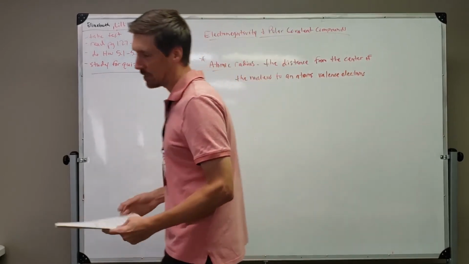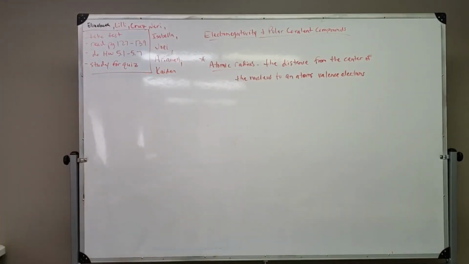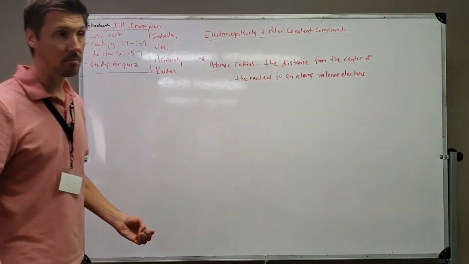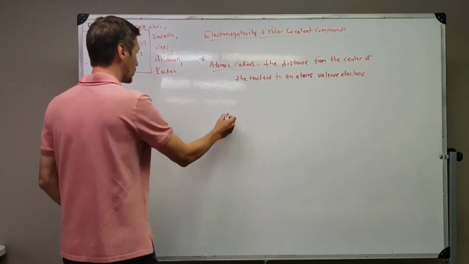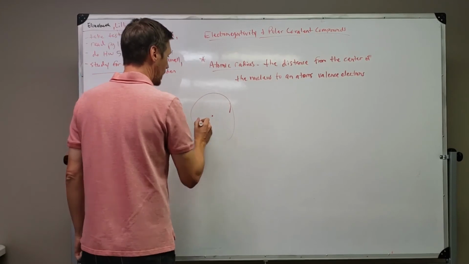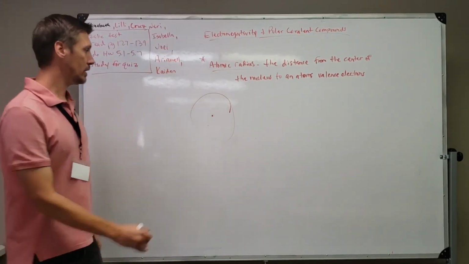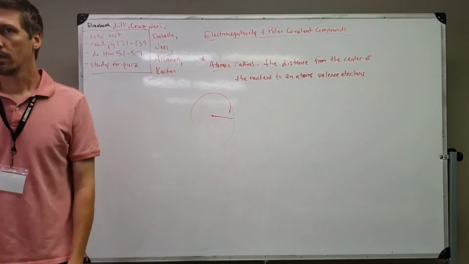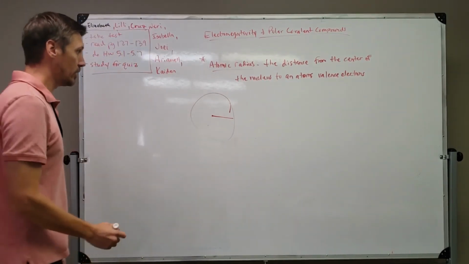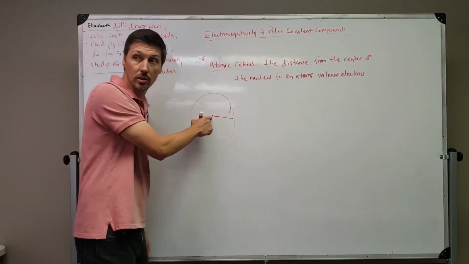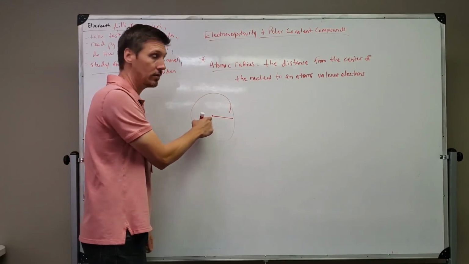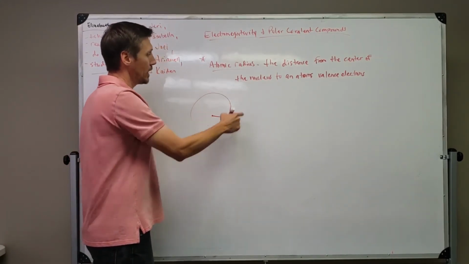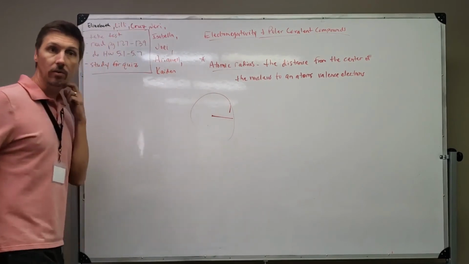This should make sense to us based on what we know about the term radius in math. When we talk about a circle and we have a point in the middle, the radius is the distance from here to here, right? And so when we talk about atomic radius, think of the point in the middle as the nucleus, because that's what's at the center of the atom, and all of these electrons are orbiting around that nucleus.